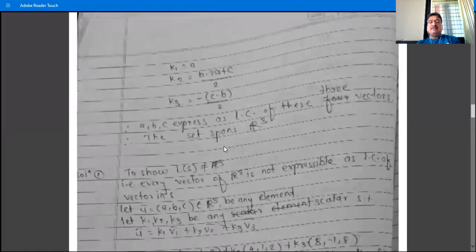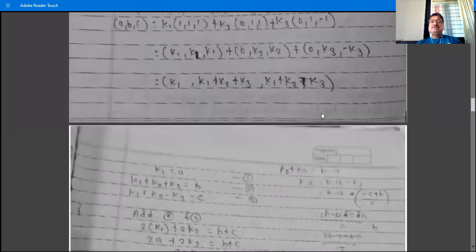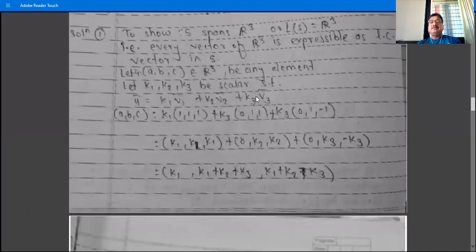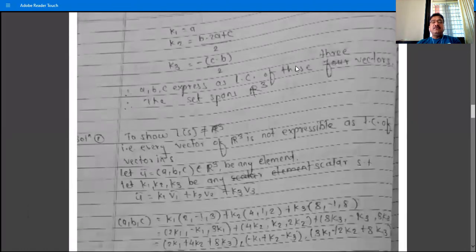So we have the values of K1, K2, K3, and therefore we say that ABC, in round bracket, U bar, is expressed as a linear combination of the 3 vectors of this set S, V1, V2, V3. So U bar is expressed as a linear combination of V1, V2, V3, and therefore we say that the set S spans R3.